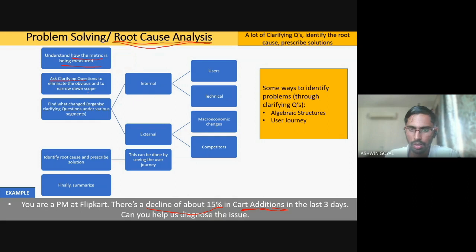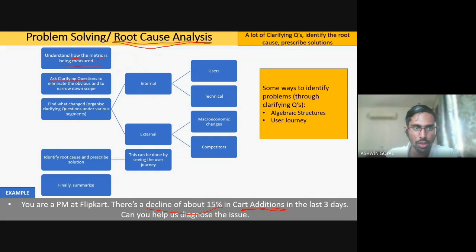So we can look at either North India or South India or some particular state. And then we can ask questions like, has there been a recent feature change or has there been some algorithm change which would have led to a decline in cart additions? These can be some questions that you can ask. So this is all about asking very thoughtful questions.